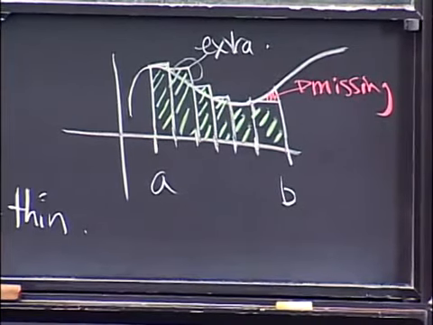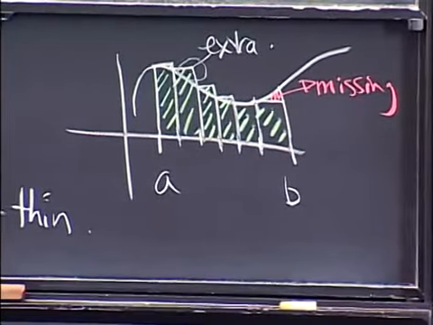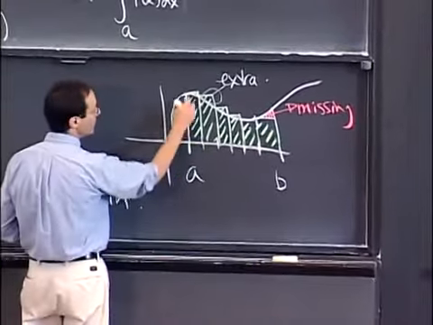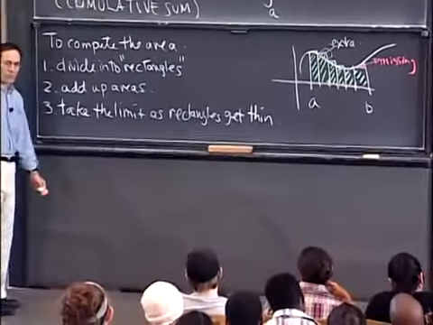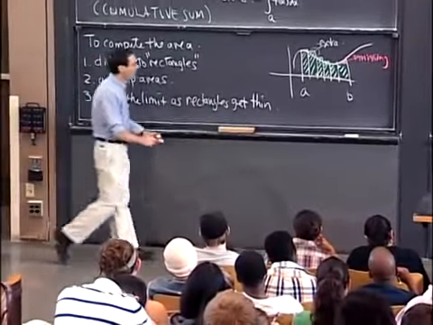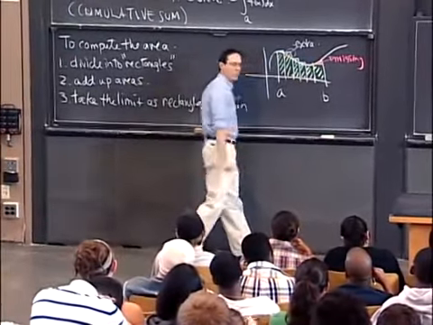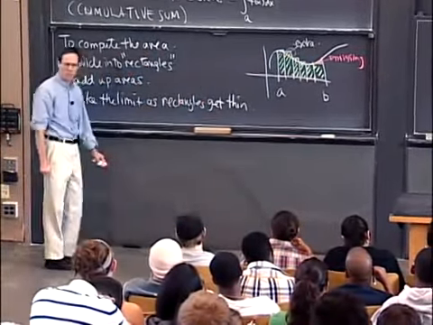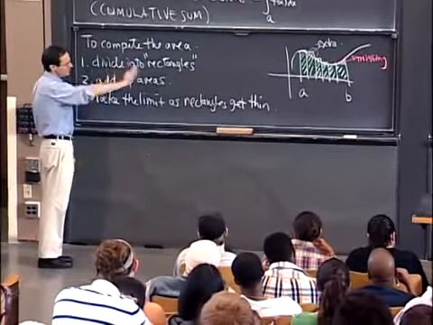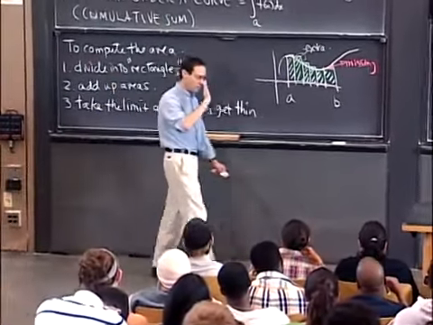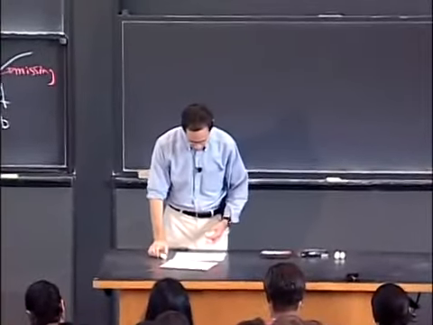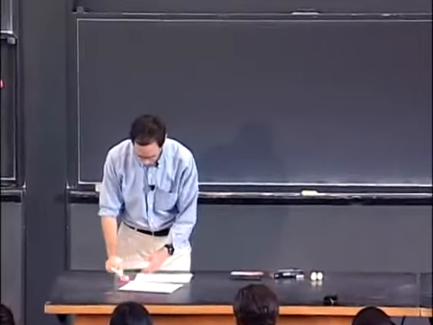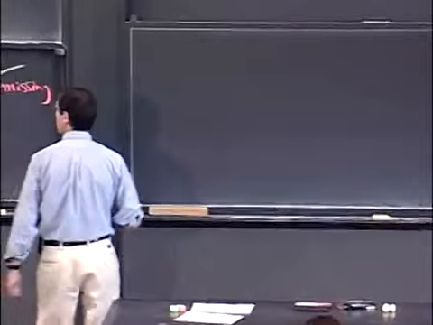We're just taking rectangles. And then the idea is that as these get thinner and thinner, the little itty-bitty amounts that we missed by are going to zero, and they're going to be negligible. Already you can see it's kind of a thin piece of area, so we're not missing by much. And as these get thinner and thinner, the problem goes away, and we get the answer on the nose in the limit. All right, so here's our first example.